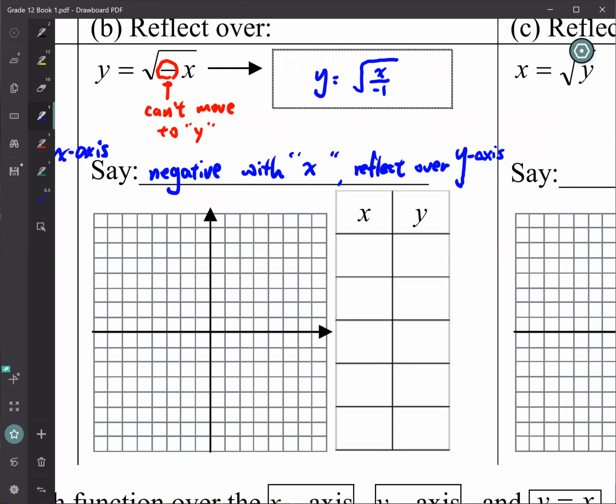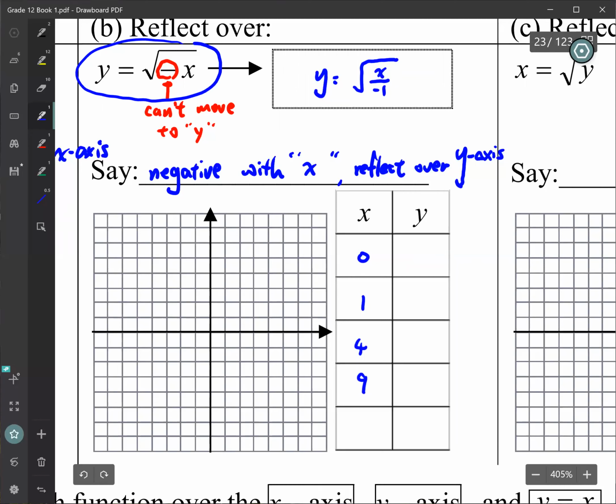So let's say I use the same points, I put 0, 1, 4, 9. I put 0 into this one, this is the question. I put 0 in. Negative times 0 is 0. Square root of 0 is still 0.